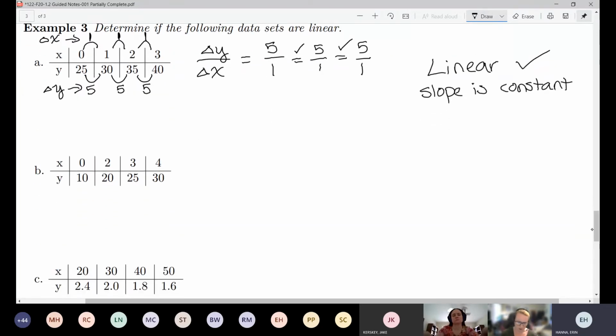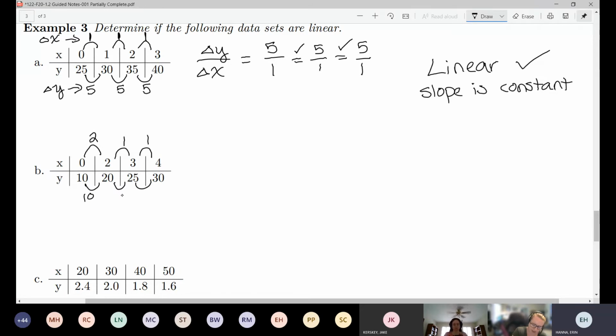Whereas if I look at this next one, and I look at my change in x's, I'm going to increase by 2, and then by 1, and then by 1. So you might say, okay, the changes in x's don't agree, but we don't necessarily care that they don't agree. We need the extra step. So let's look at our change in y's.